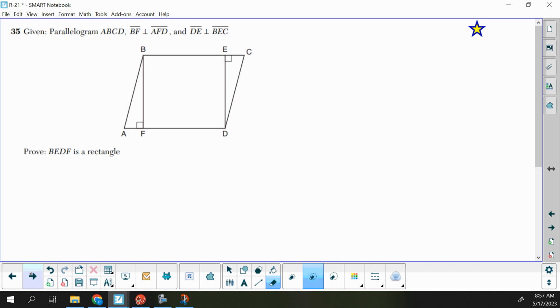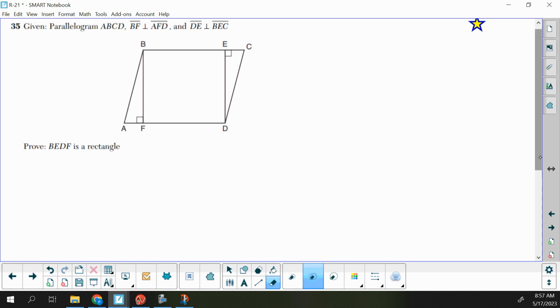All right, going over to the next page, 35. We're given that the big shape there is a parallelogram. We got some perpendicular lines, and we want to prove this: the inside one is a rectangle. So when you do a proof, first thing, do statements and reasons, get down your givens.